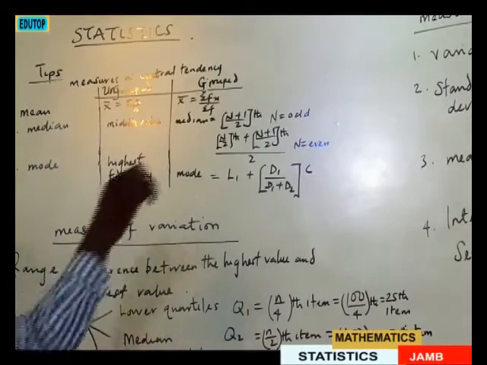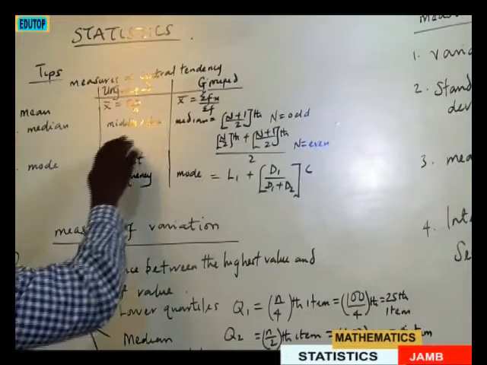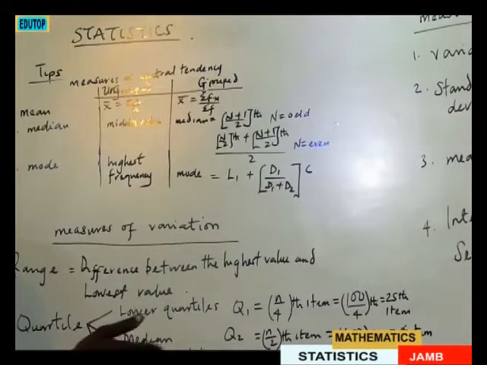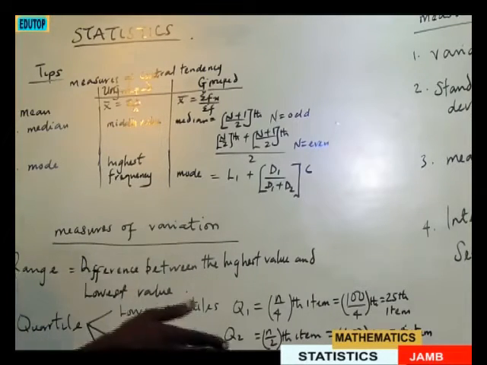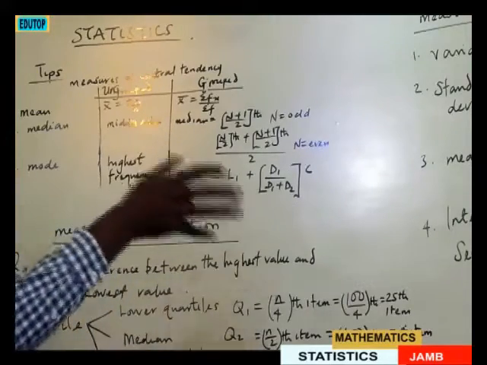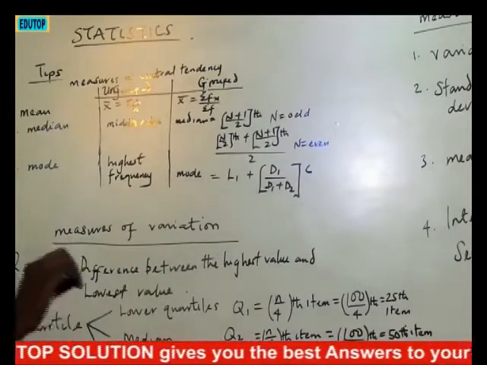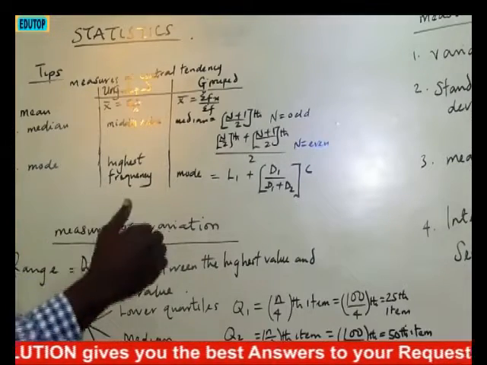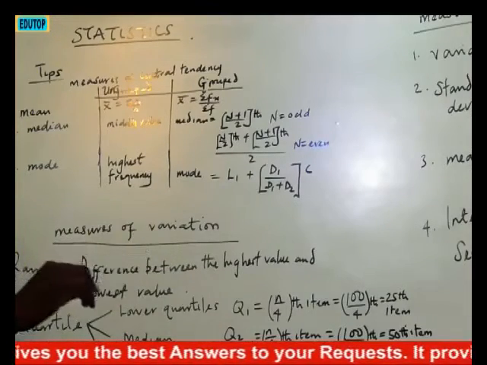The middle value. That is when the numbers are arranged in order of magnitude, either in ascending or descending order. That means if you are given a set of scattered numbers, the first thing is to arrange them in descending or ascending order.